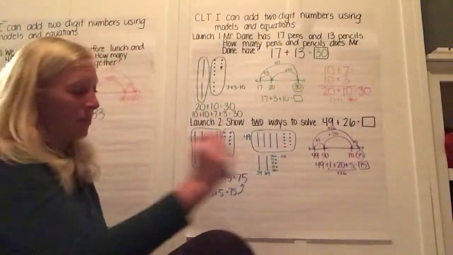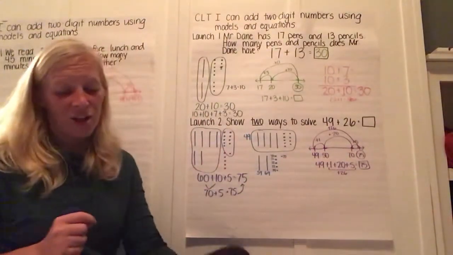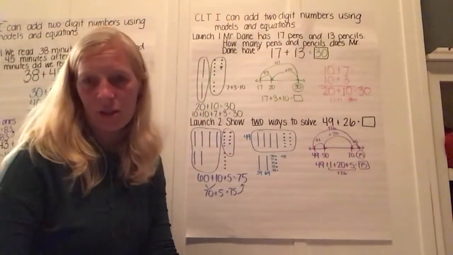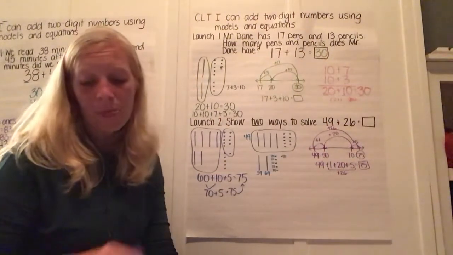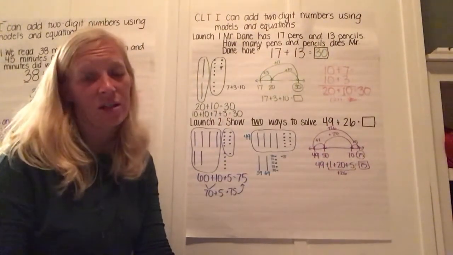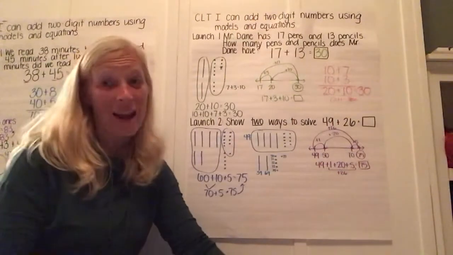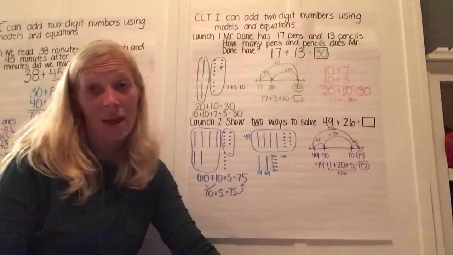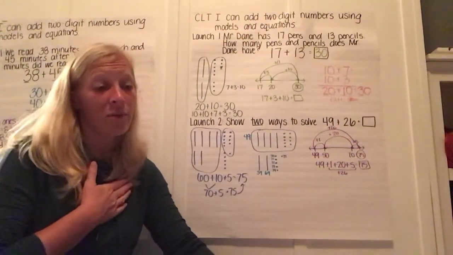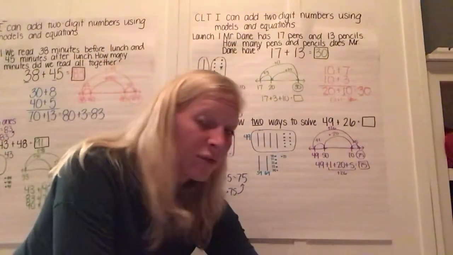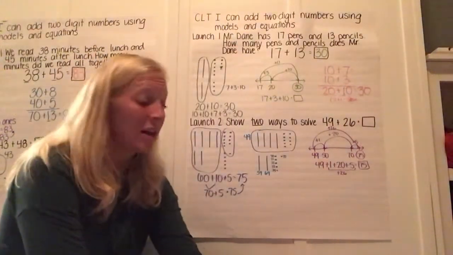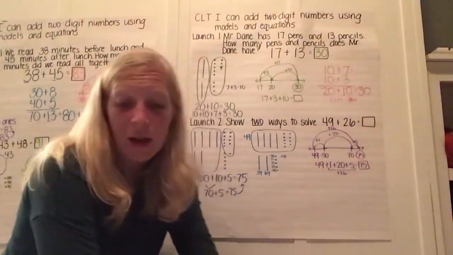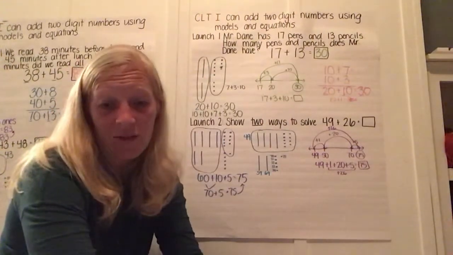Now, I want to show you the last strategy, and I want you to vote which one is the most efficient. Now, most efficient might not be the same for everyone, okay? What might be efficient for me may not be efficient for my friend here.